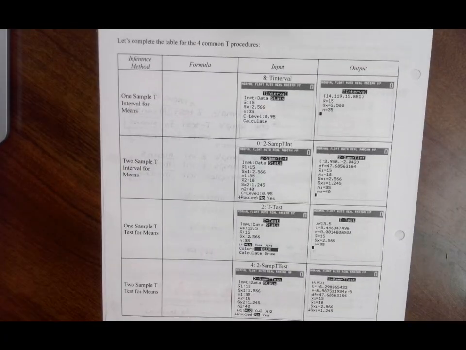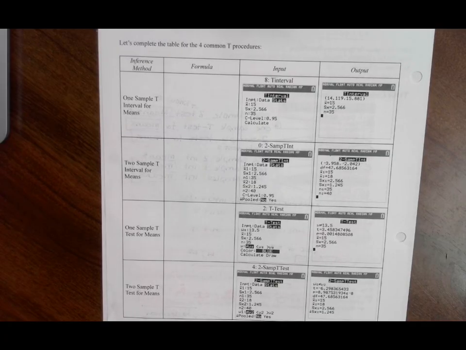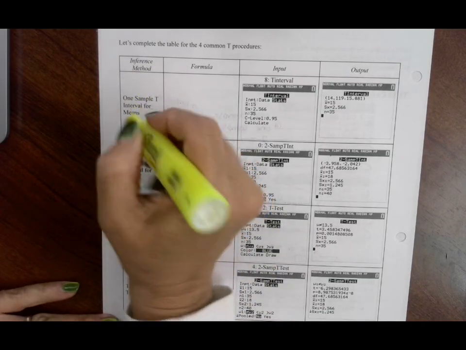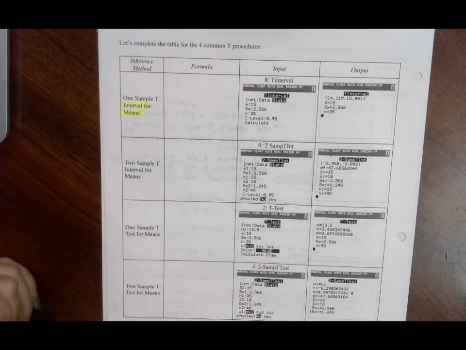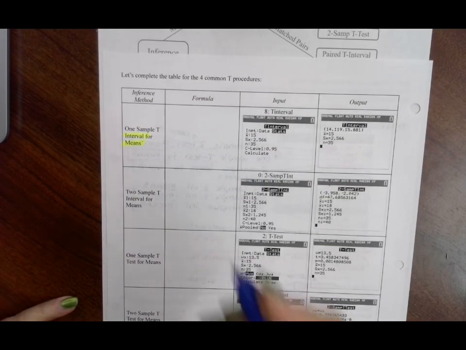Okay, so let's look and see what this looks like as we go through these different samples. So this first one that we have is a one sample t interval for means. So what is our formula when we do this?